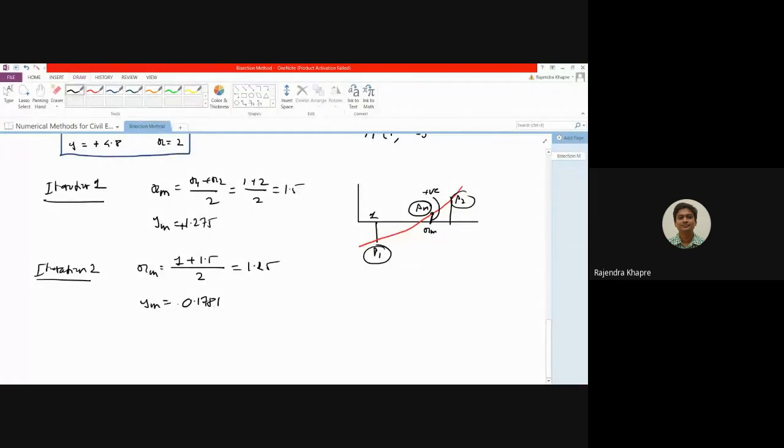Positive. Okay, so here also it is coming out to be positive. So then again we have to bisect with the corresponding negative value.